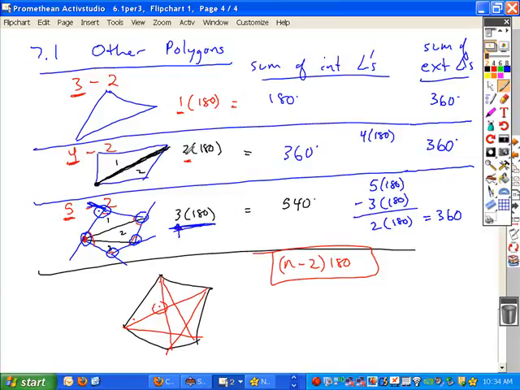How many of those account for the interior angles? 2. So what's left? As you can see, this pattern will continue as well. So you're always going to have a sum of exterior angles of 360, and you're always going to have a sum of interior angles of n minus 2 times 180.